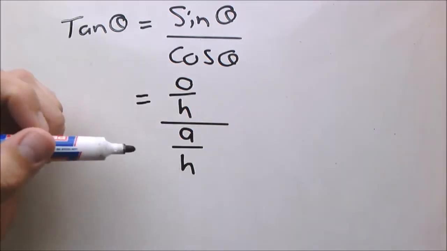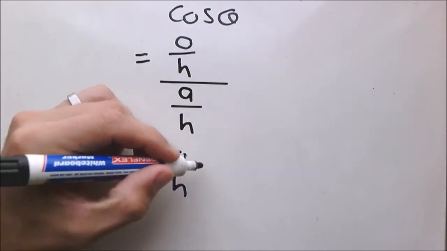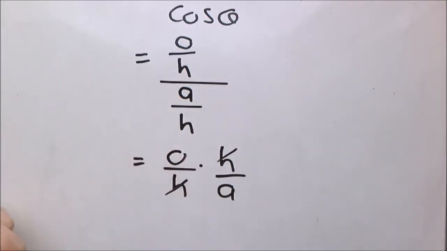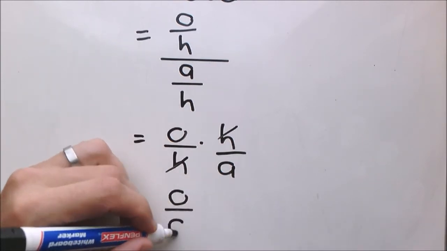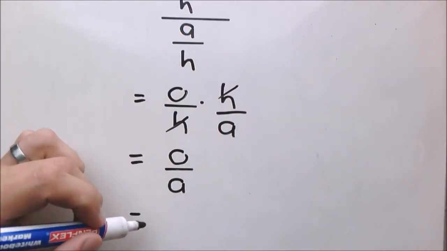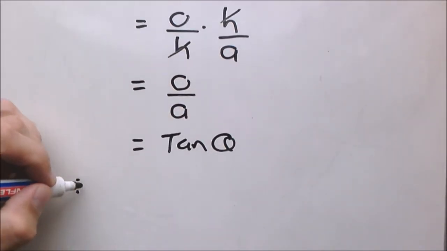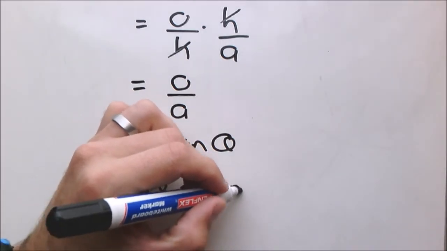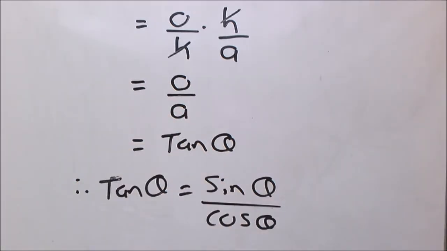Now if you're dividing by a fraction, you can multiply by the reciprocal and it will still be the same, and these two will cancel out, and that will be equal to opposite over adjacent. And we know that opposite over adjacent is equal to tan theta. Therefore, tan theta equals sine theta divided by cos theta.